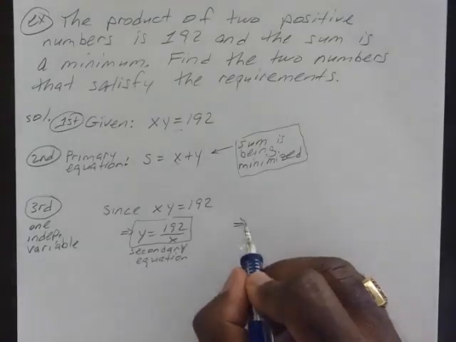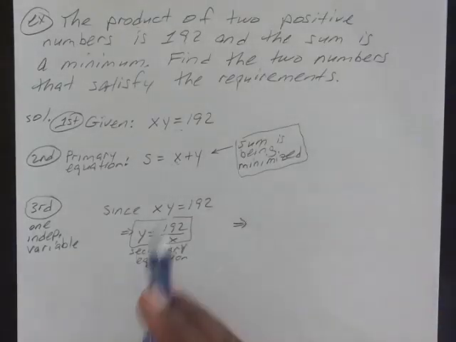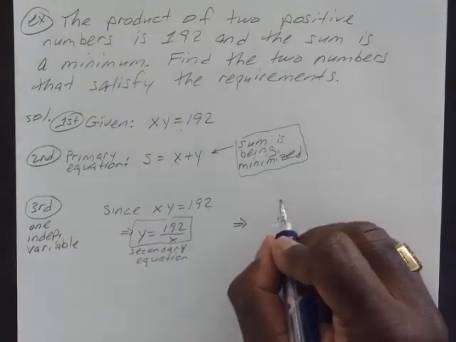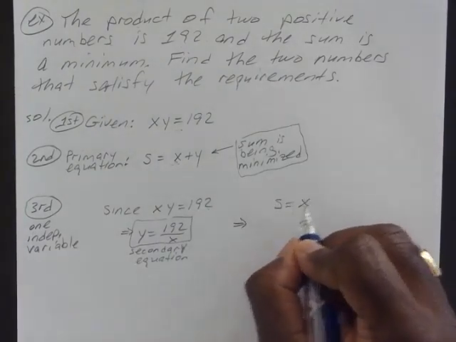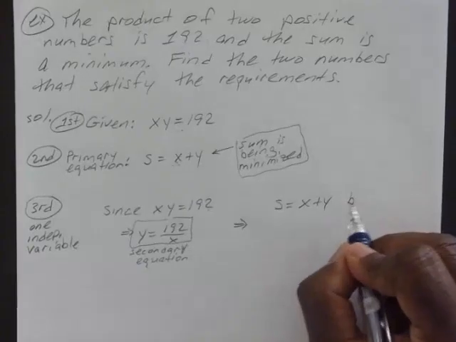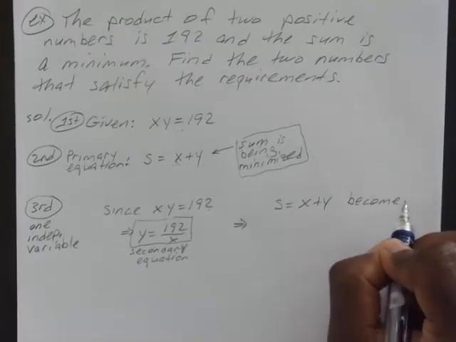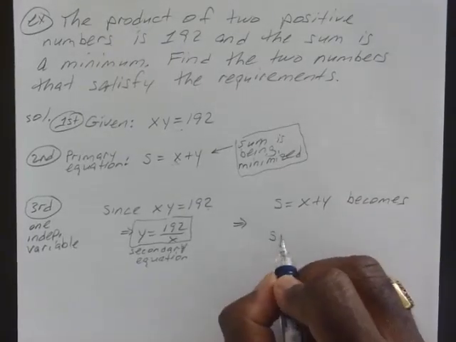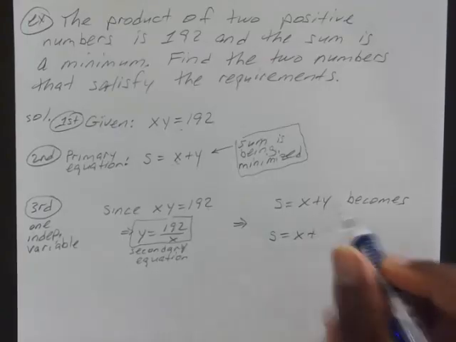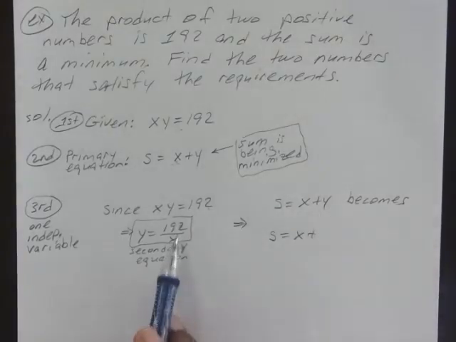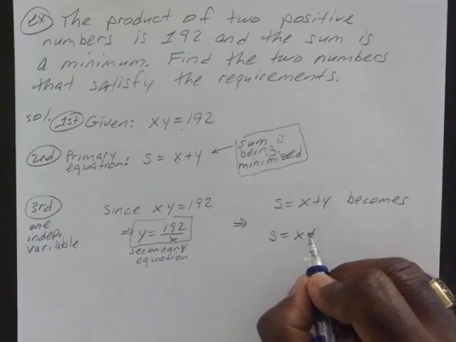Okay, so that means that our primary equation, S is equal to x plus y, becomes S is equal to x plus, and instead of y, we can make it 192 over x.